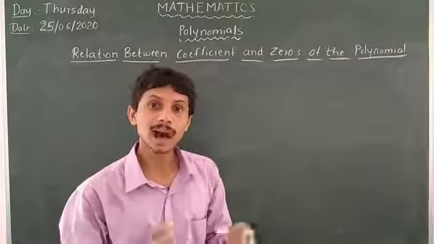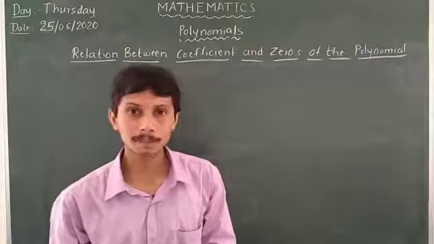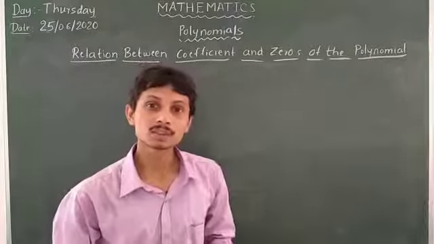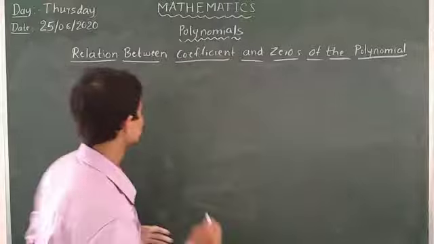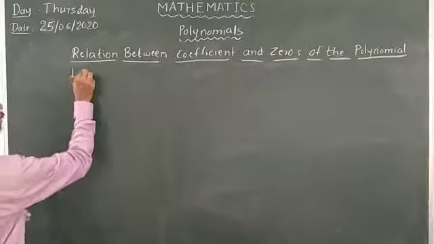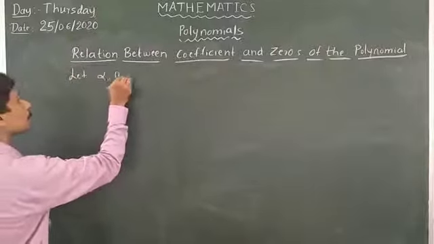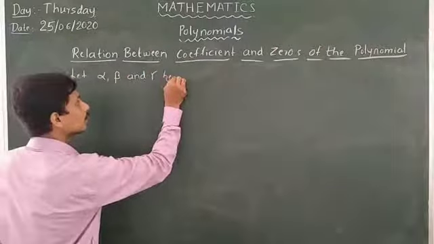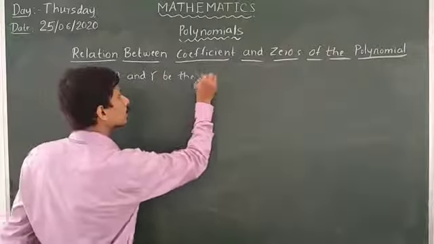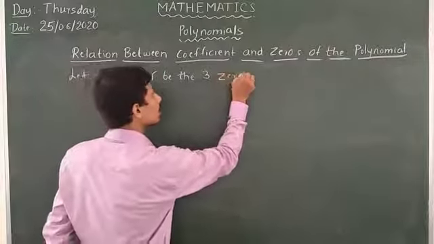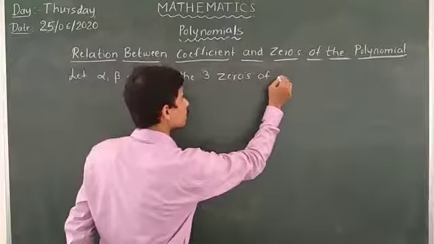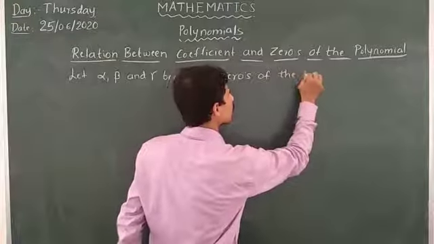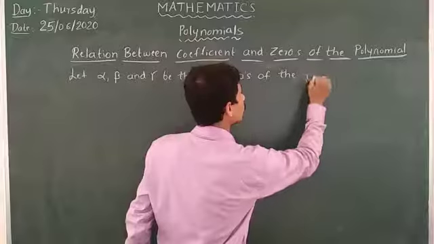So let alpha, beta and gamma be the 3 zeros of the cubic polynomial.